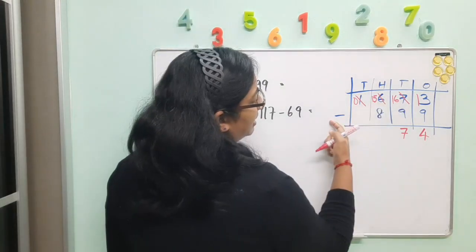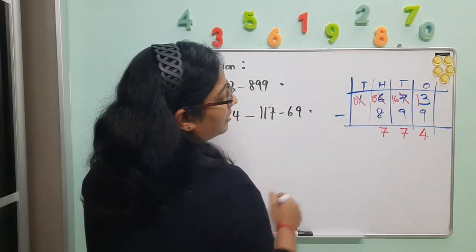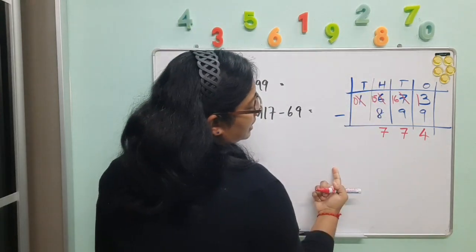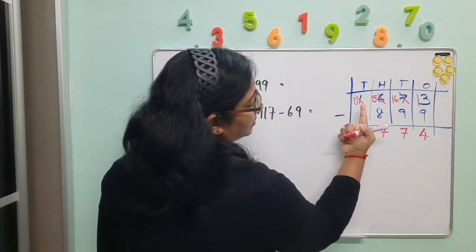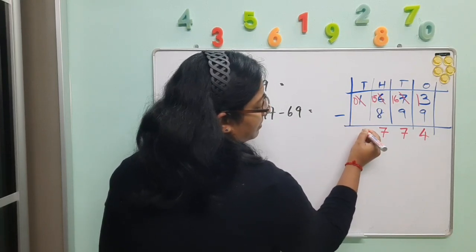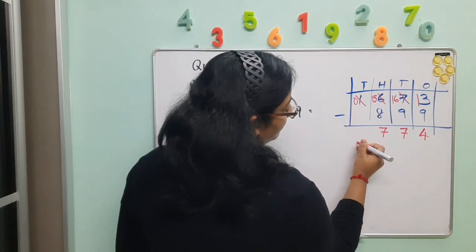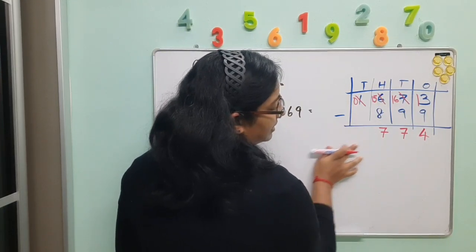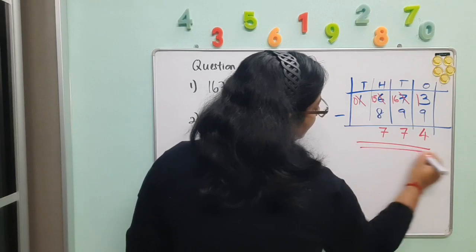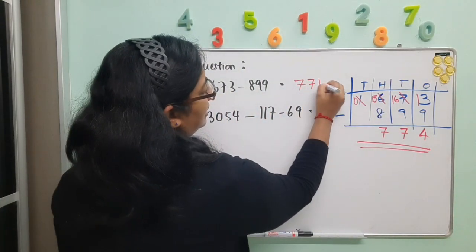So 15 minus 8 is 7. So over here 0 minus 0 is always 0. You can place it as 0 or you can just leave it blank. So the answer is 774.